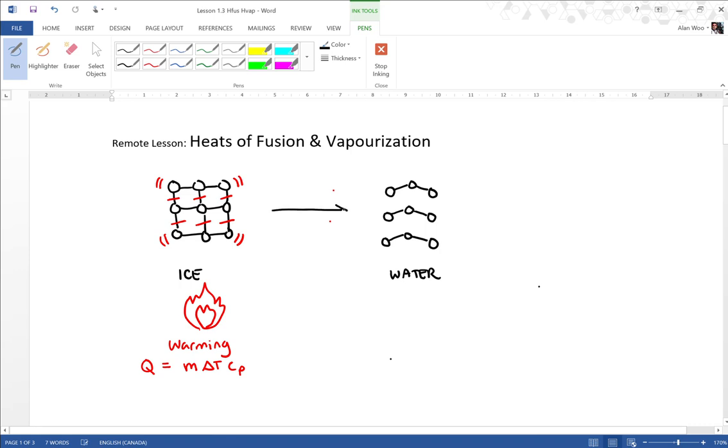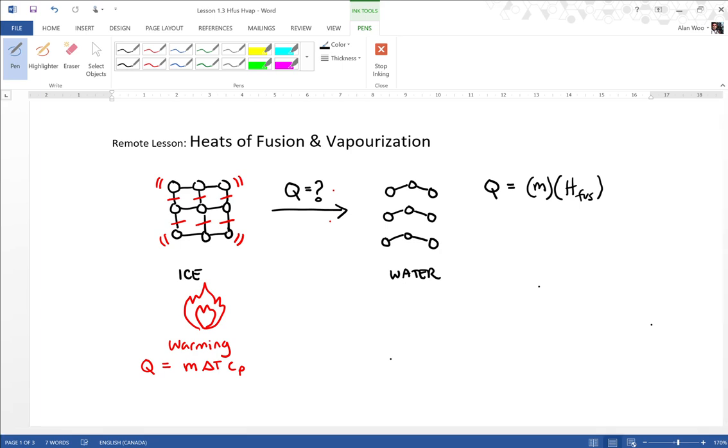That's the part that we want to figure out: how much heat energy it actually takes to transition from ice to water. In order to figure that out, we need a formula: Q equals mass times heat of fusion, which we abbreviate as Hfus.